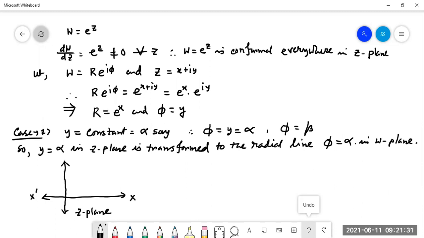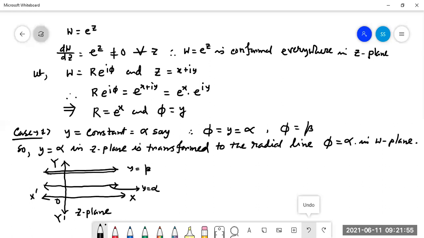That means it is x dash, it is y, this part is y dash, it is 0. Now, the equation of this line is y equal to alpha. Another line is y equal to beta. So both are parallel to x-axis.